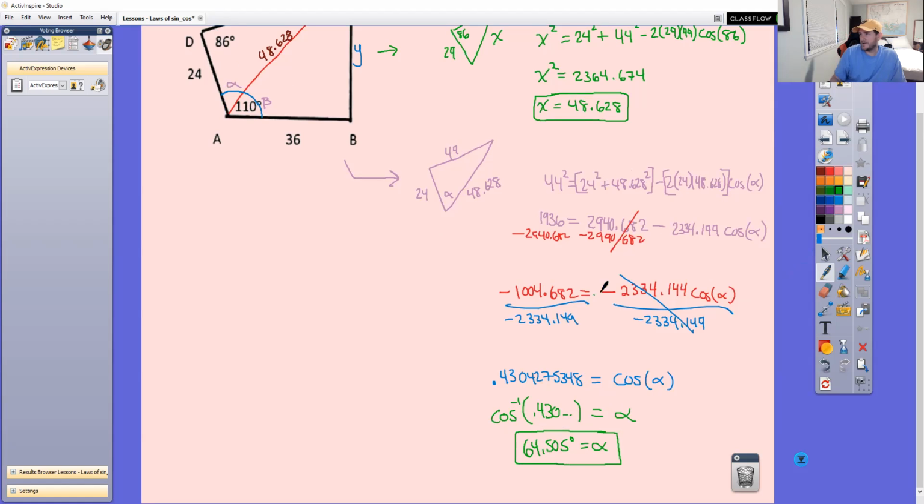I really need beta. So let's take alpha, come all the way over here. And of course, to find beta, we're just going to do the 110 minus alpha. And that tells us that beta is 110 minus, second answer, 45.495.